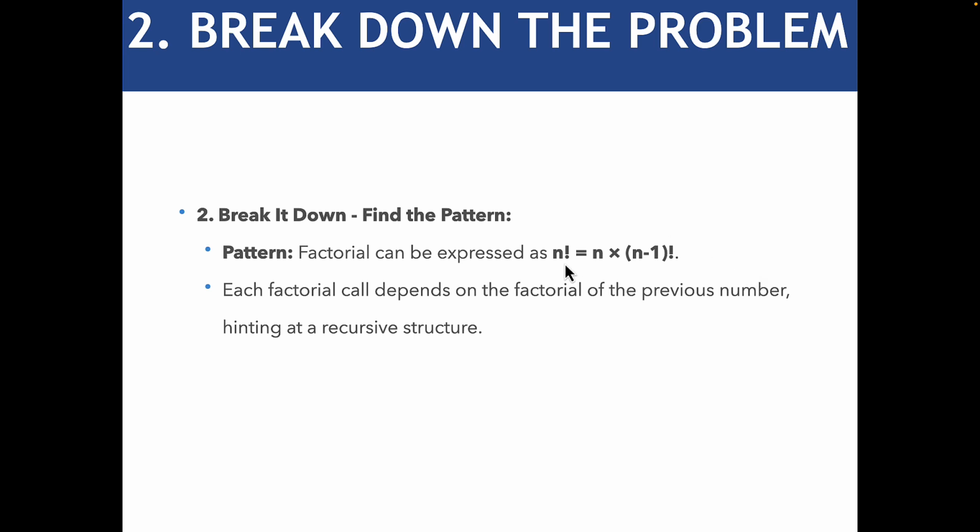So what's the relation of this equation with the recursion? Because here factorial is calling another factorial. Clear? So I need to identify in recursion an expression where the function is calling itself.